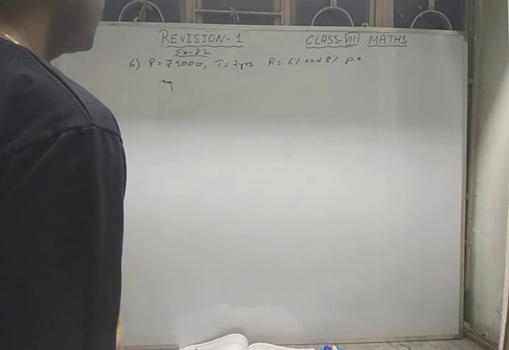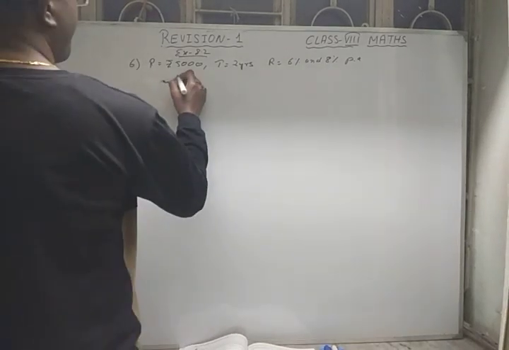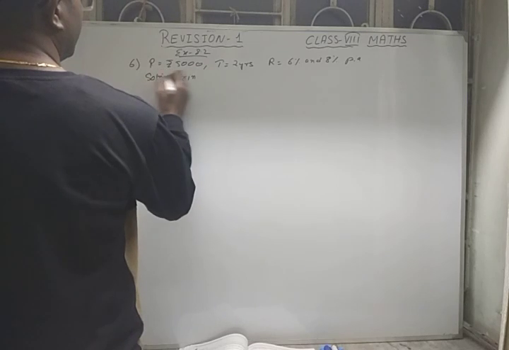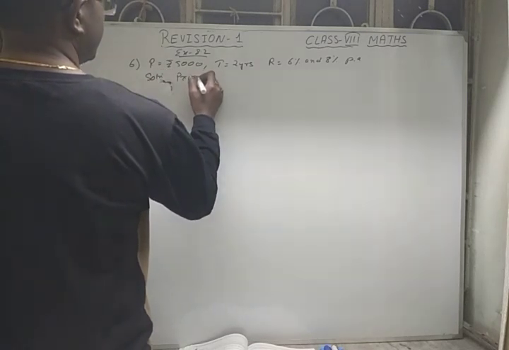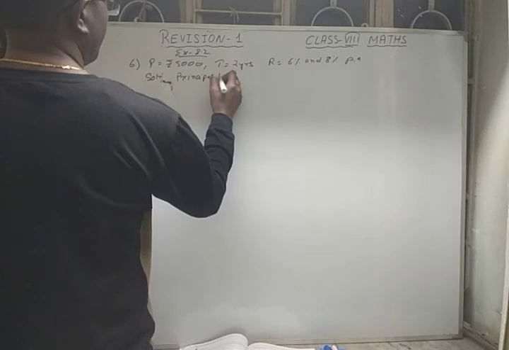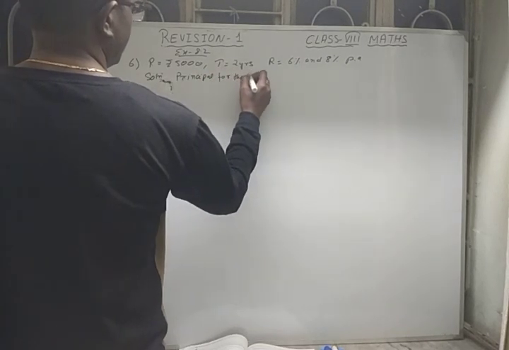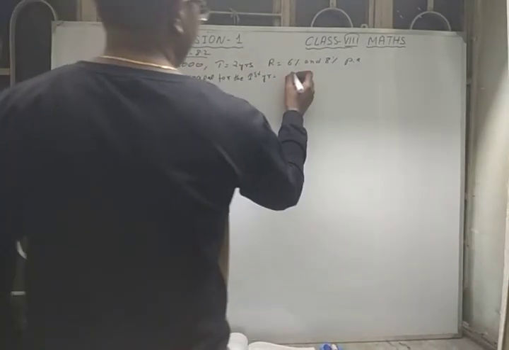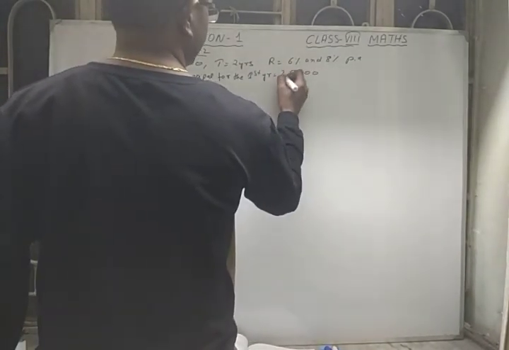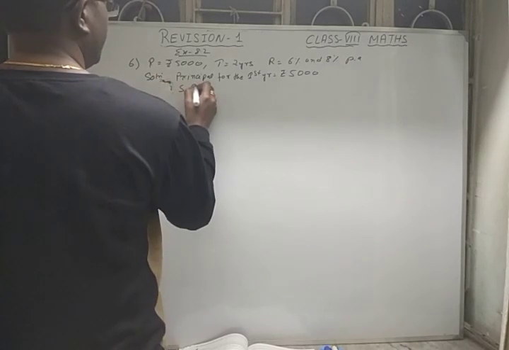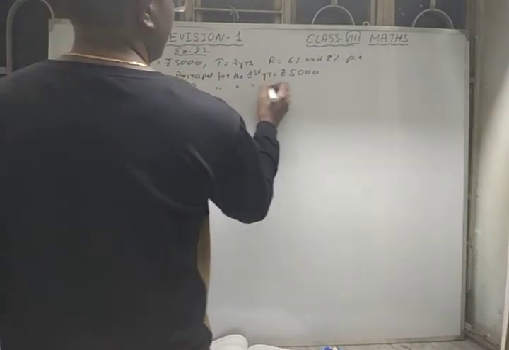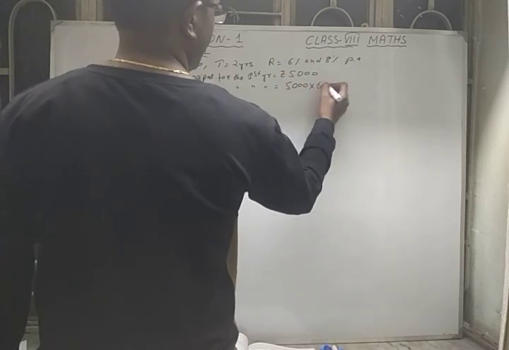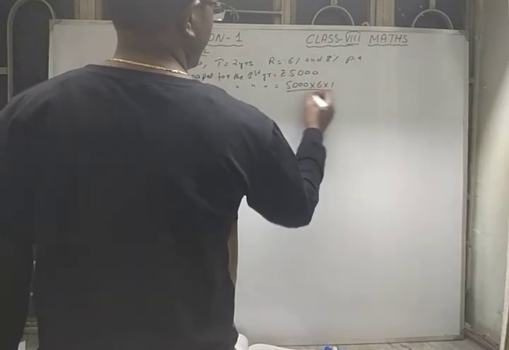Now first of all, what you have to write is the solution. Principal for the first year is 5,000. Now you will write SI for the first year, that is PRT by 100: 5,000 into rate 6%, and for the first year time is 1, by 100.